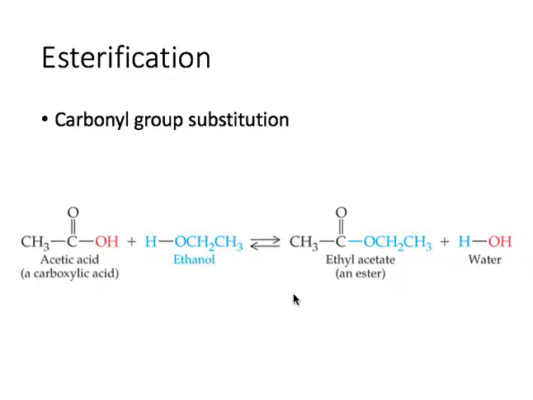So let's have a look at an example of making an ester. The carboxylic acid that we're going to start with for this ester is going to be propanoic acid. This means we're going to have 3 carbons.